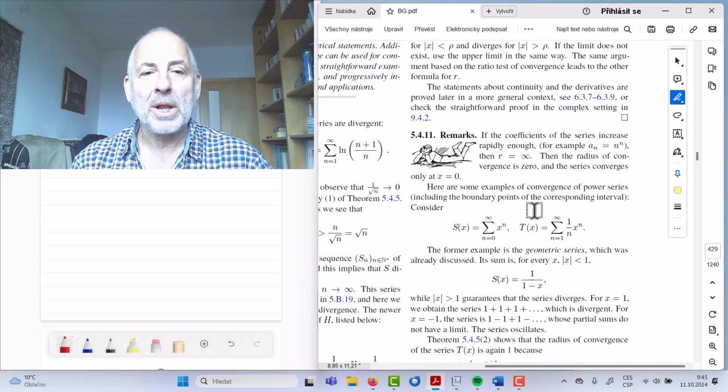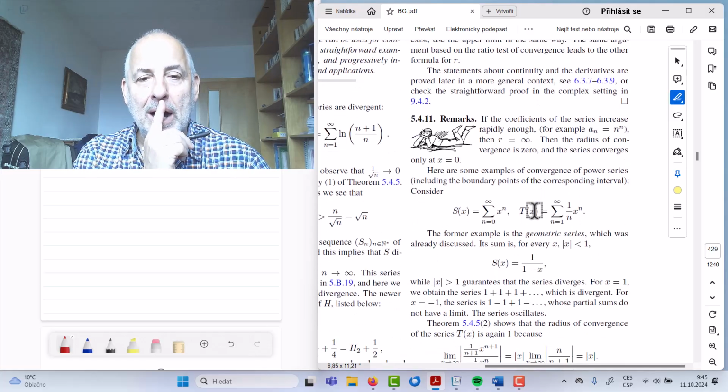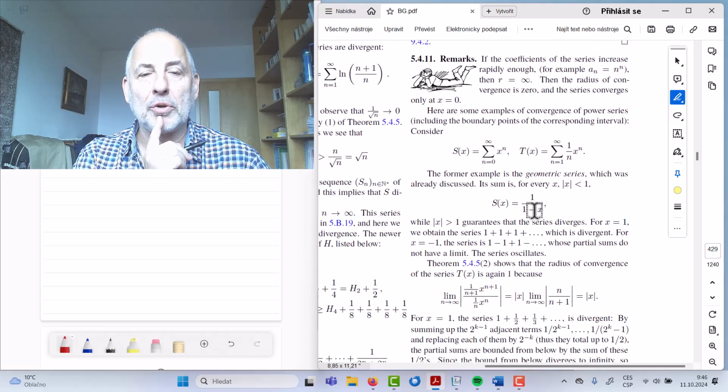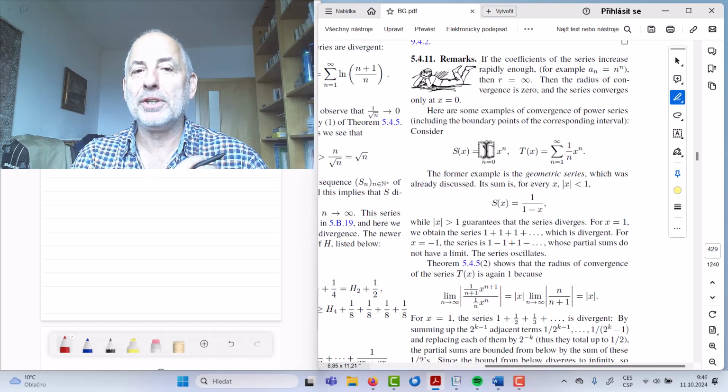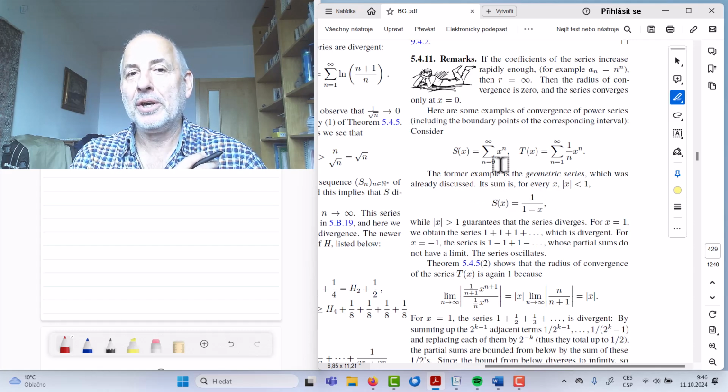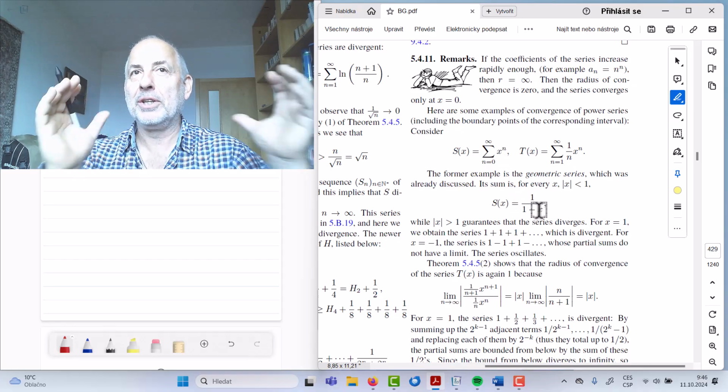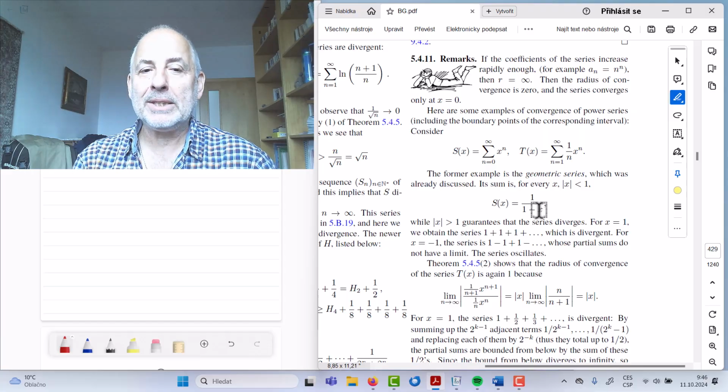And now let's have a look how the power series work, right? I already showed you one, that was the geometric series, this one. And we know that the geometric series has got this value. So you immediately see that the geometric series can only converge for absolute value of x less than 1.